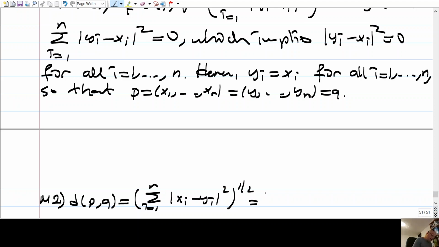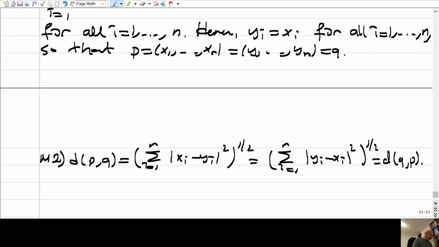But clearly this is just the sum i from 1 up to n of yi minus xi squared, square root, and this is of course d(Q,P). So the second property is clearly satisfied.